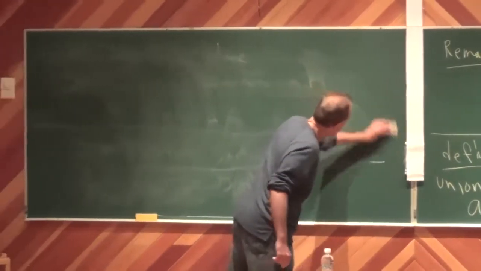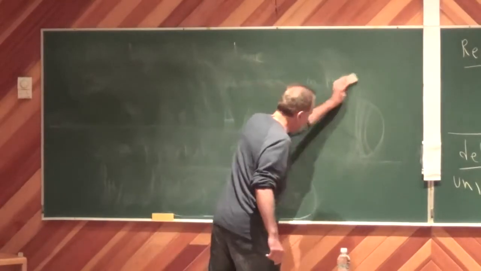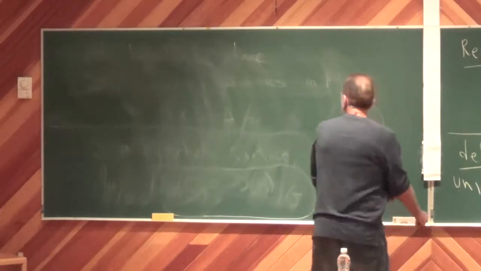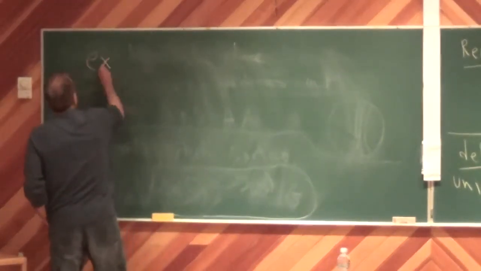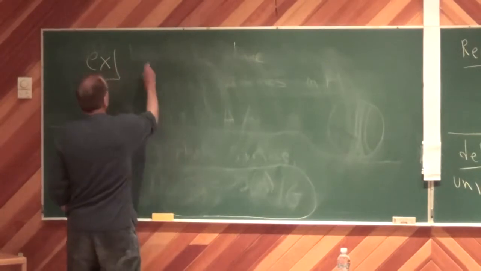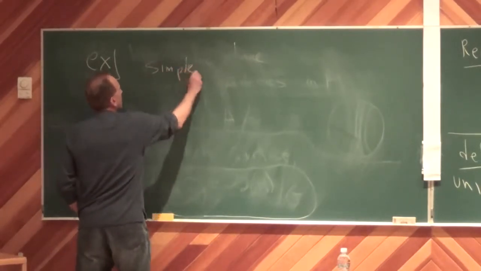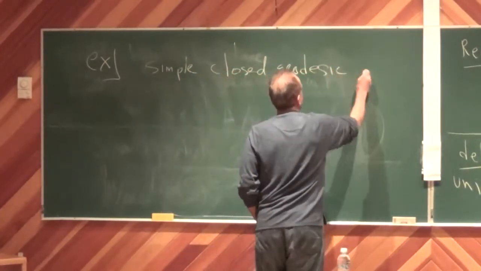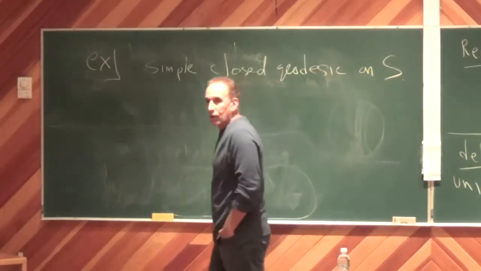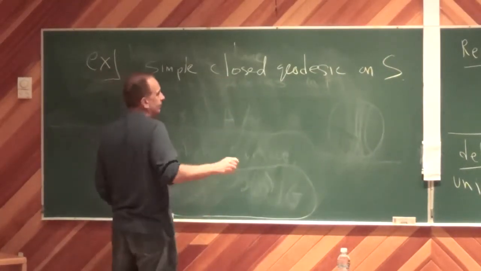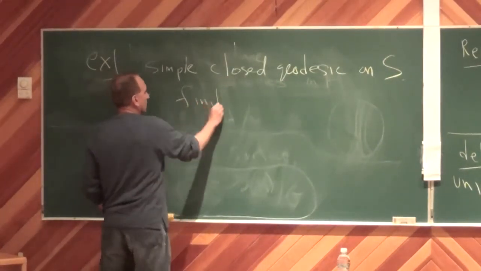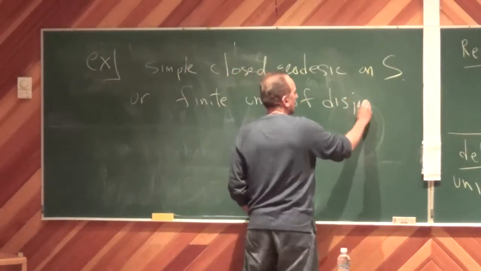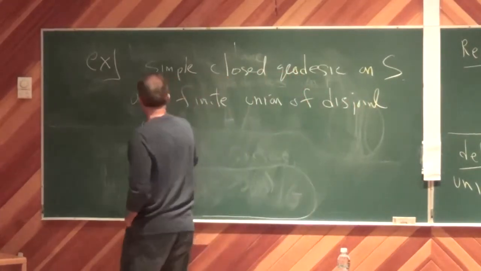So for example, there's a rich set of examples. The simplest example is a simple closed geodesic on S, or a finite union of disjoint closed geodesics.